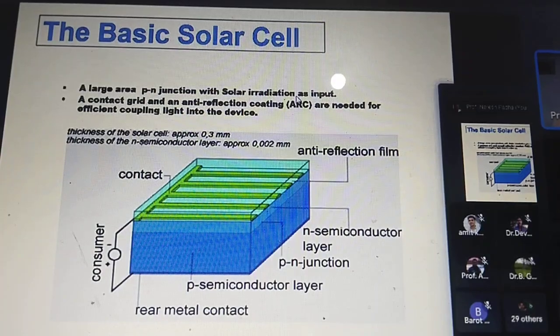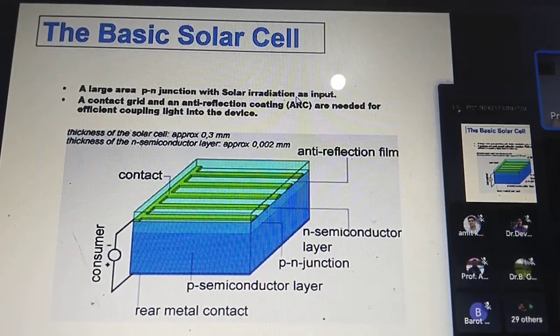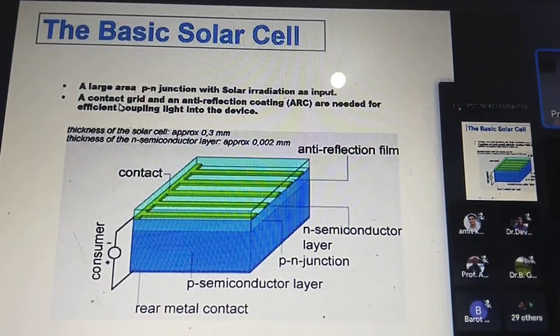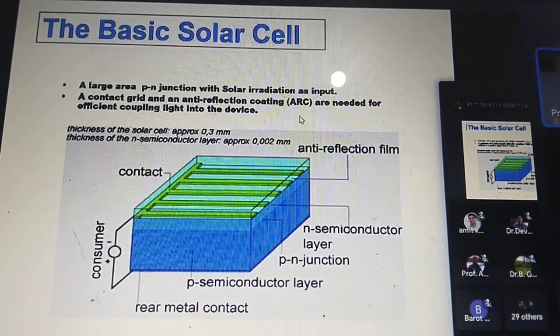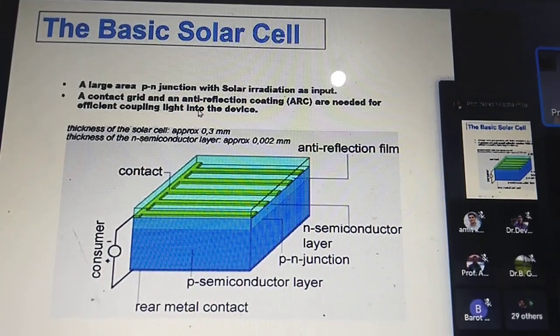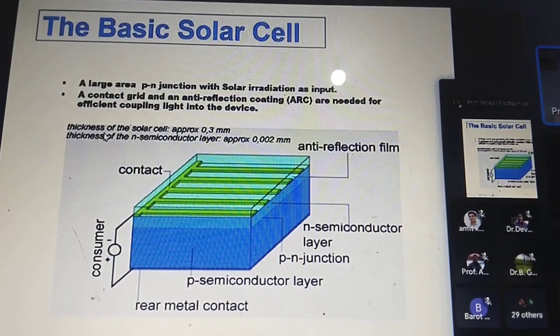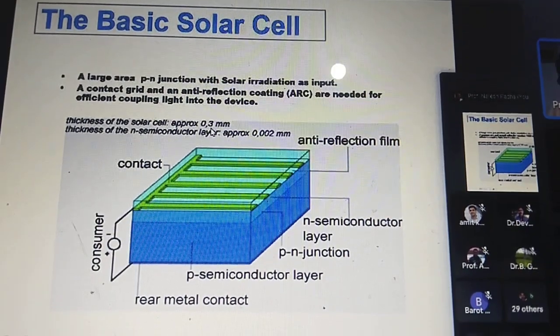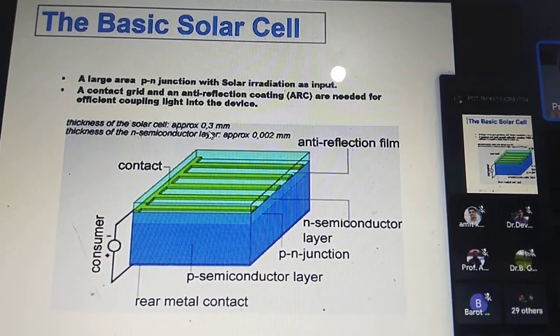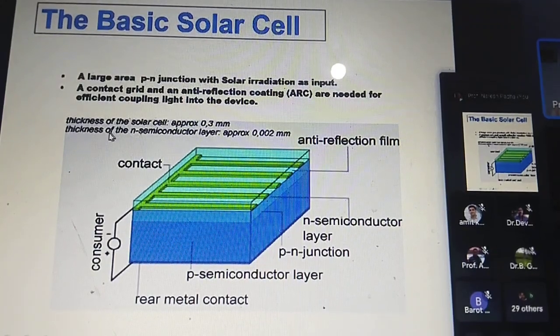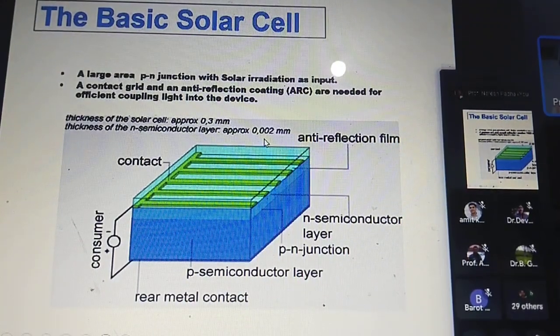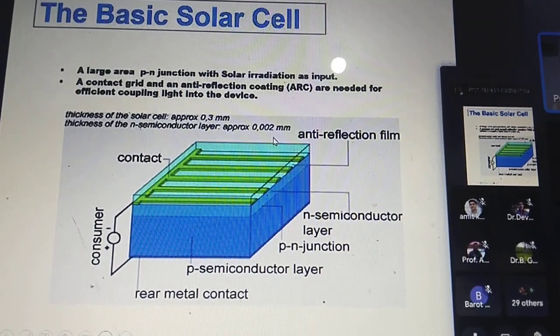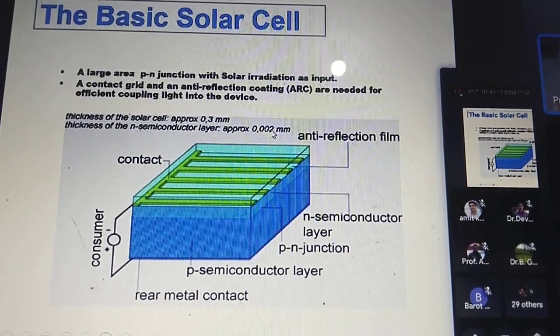So the PN junction is a large area PN junction with solar radiation as its input. We don't use any circuit. This is a standalone PN junction. Input is the solar radiation. The contact grid and anti-reflection coating are added to the solar cell, which is a PN junction, for efficient coupling of light into the device. The average thickness of the P-type layer is 0.3 micrometer, and thickness of the N-type layer is 0.002 millimeter, meaning 2 micrometer.